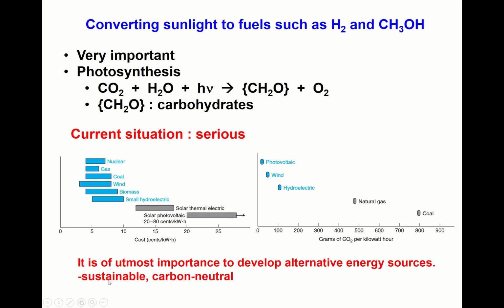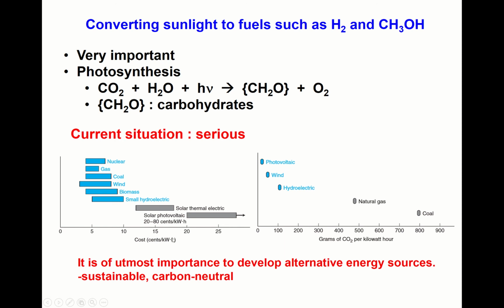Sustainable means that those energy sources should be regenerated, or it should be obtained freely. Solar power is sustainable because it is free. It originates from the sun. And it doesn't generate any CO2, so it's also carbon neutral. This is also very important.